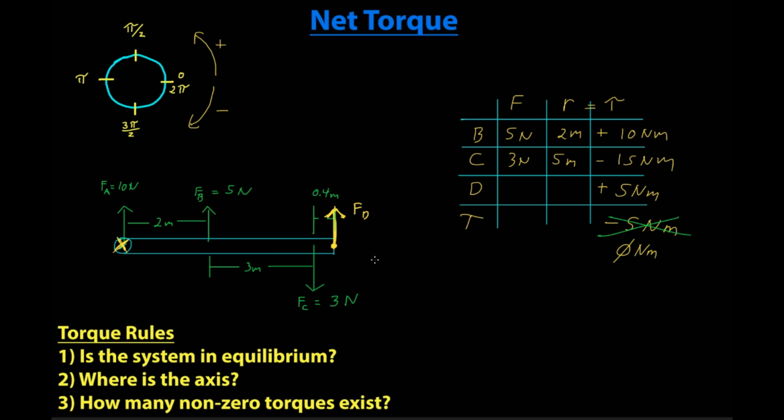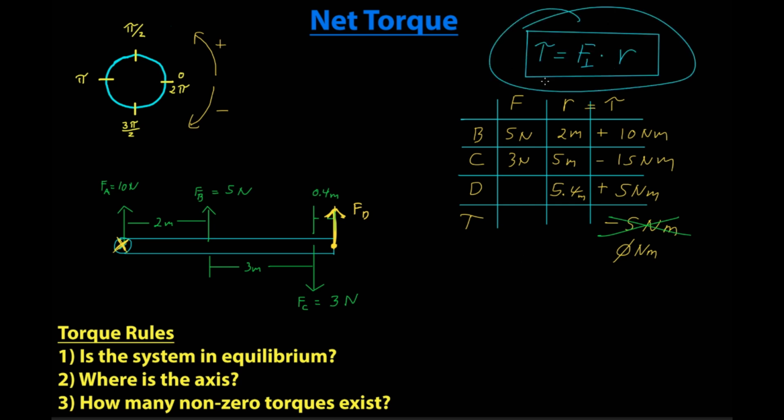Now we need to know how much force D actually is. Well, all we have to do is find a force that makes a torque of positive 5 newton meters. The radius, or lever arm distance, is going to be the 2 meters plus the 3 plus the little extra 0.4 for a total of 5.4 meters.